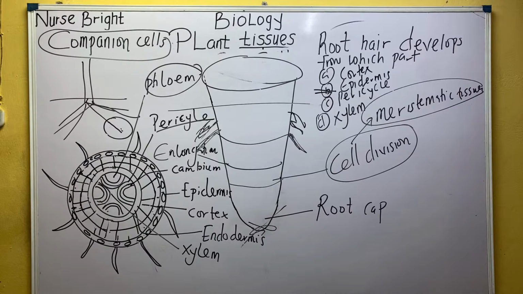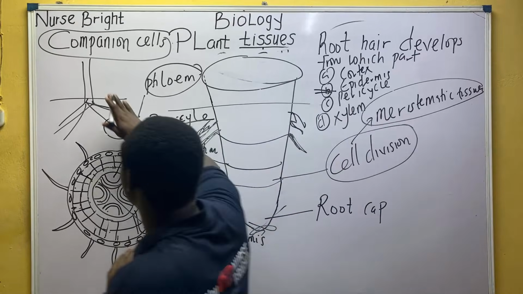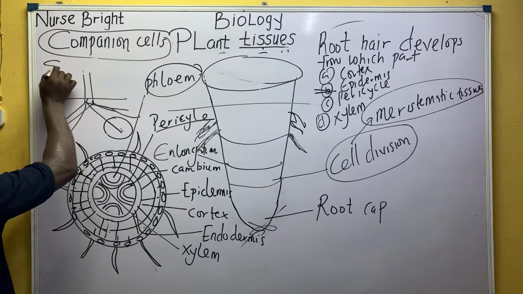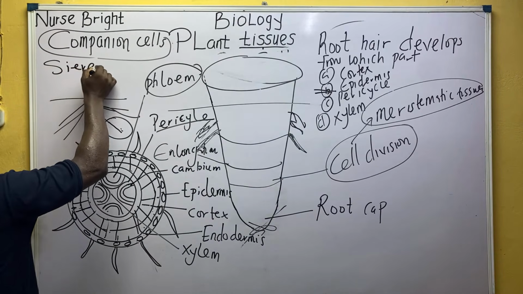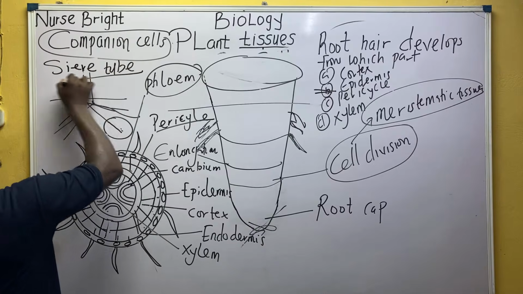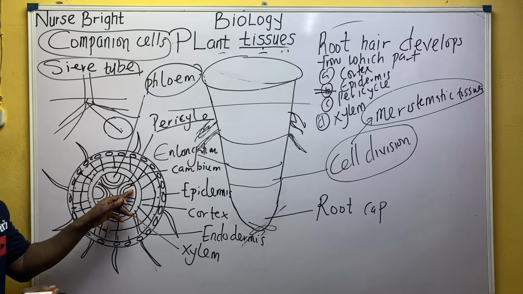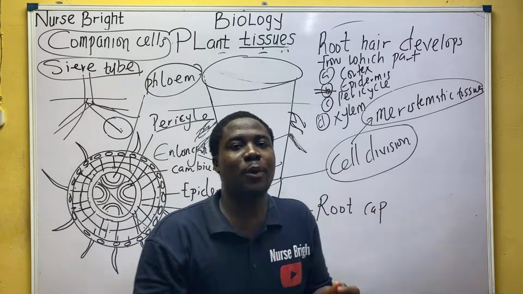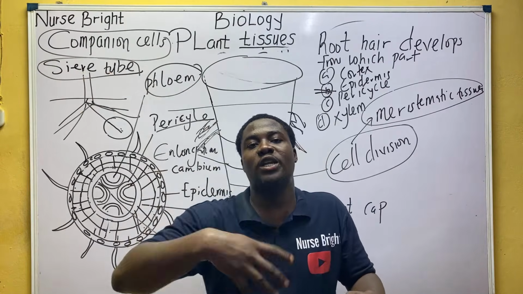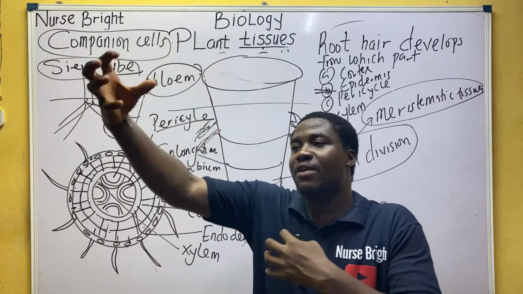Now, there are some certain tubes that are found in phloem tissue. They call them sieve tubes. Remember, the cells here are companion cells, and the tubes here are sieve tubes. Where are they found also? In the phloem tissue. Remember, phloem helps in transporting food from the leaf to the root.